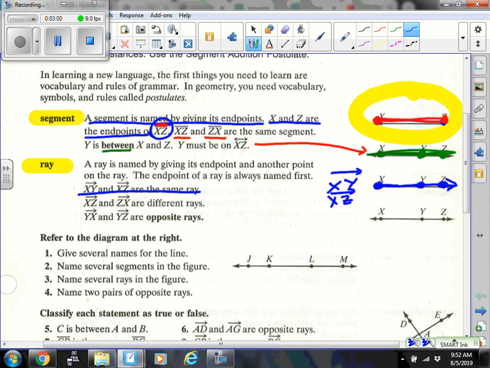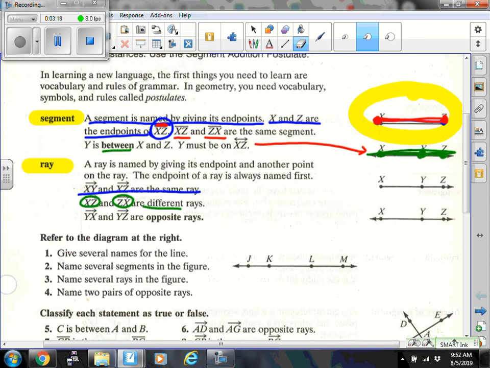Now, if I switch the order, notice if I start with X and then I start with Z, those are completely different rays. In the event that we have this picture here, we have a term called opposite rays. You can make a separate flashcard or put this on the same flashcard as ray if you want.